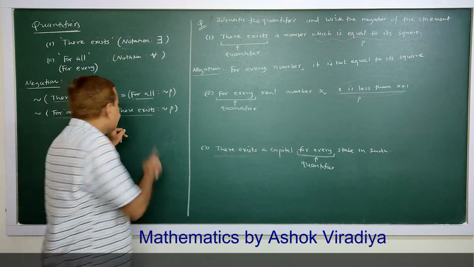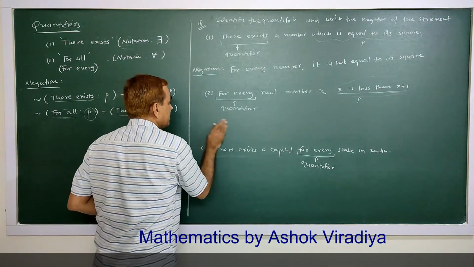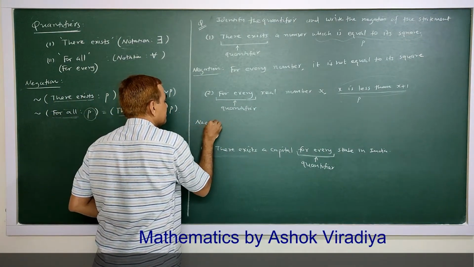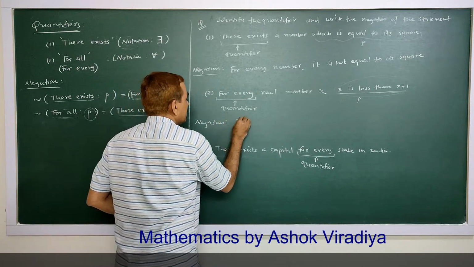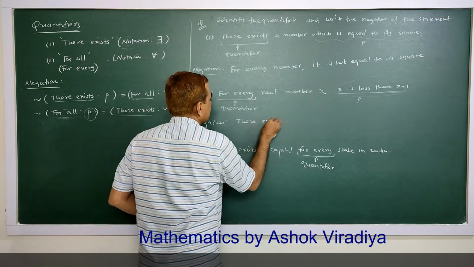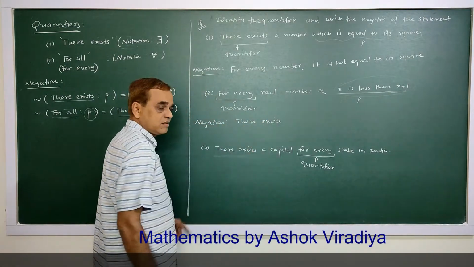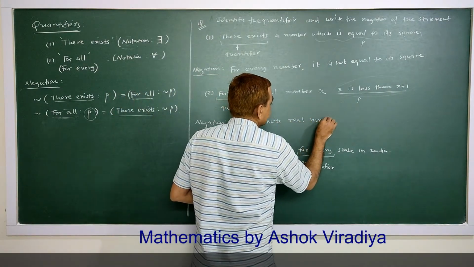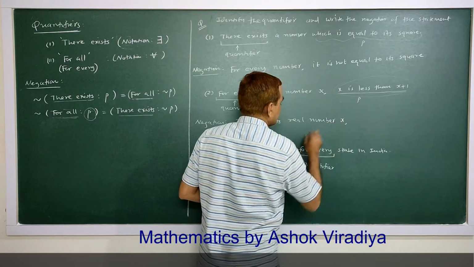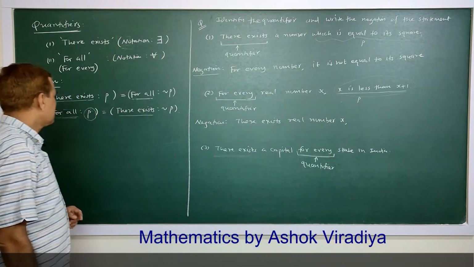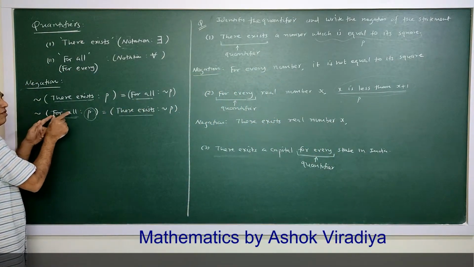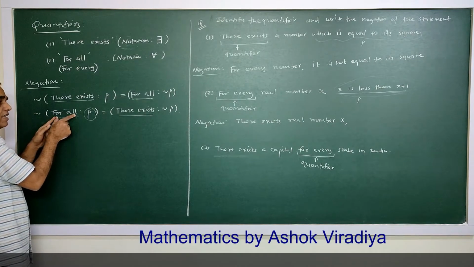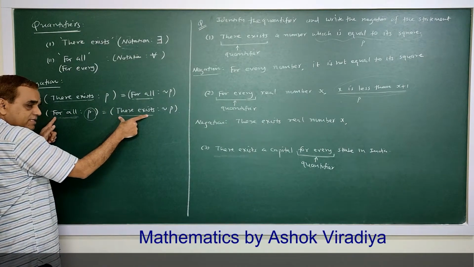So the negation is "there exists": there exists a real number x. So the negation of "for every" is "there exists".